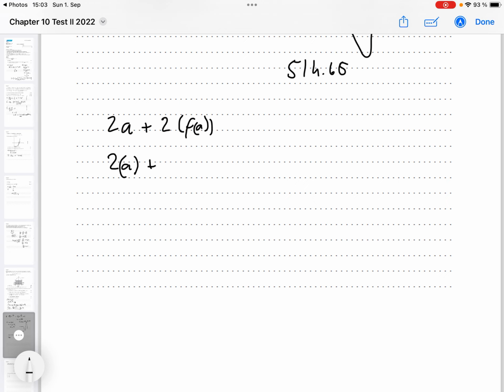So it'll be 2a plus 2 times 30e to the negative a squared over 400. So that's what part D will look like.